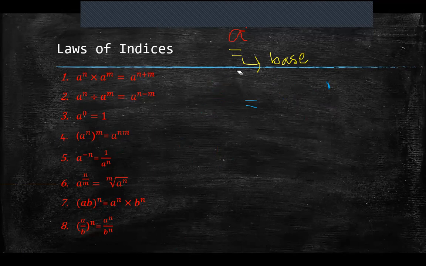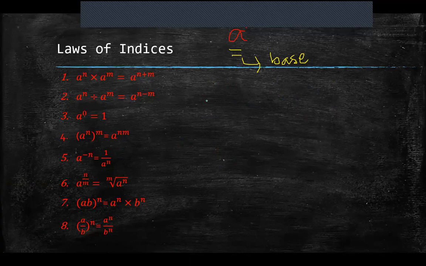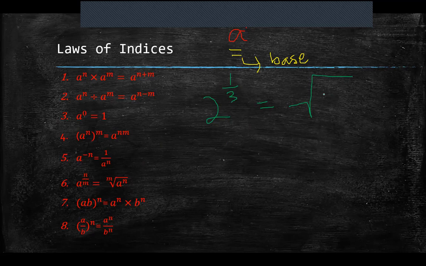So that's that. Let me do another example. Same 2, but raised to the power of 3 over 2. According to this rule, the 2 comes in here. I'm looking at this rule. You put the 3 outside, and then 2 to the power of 1.